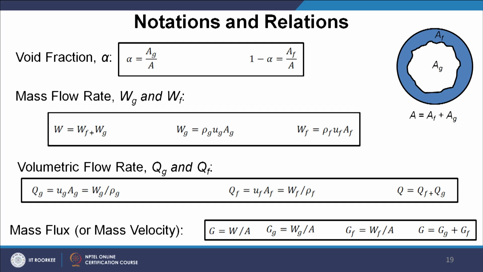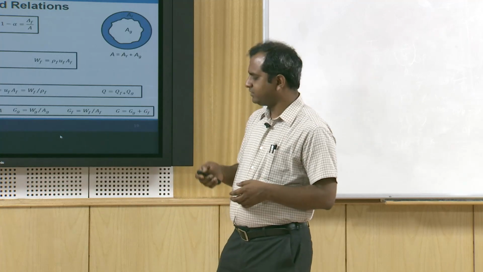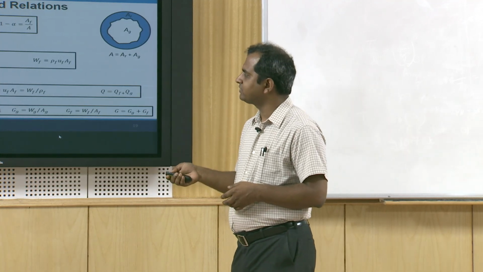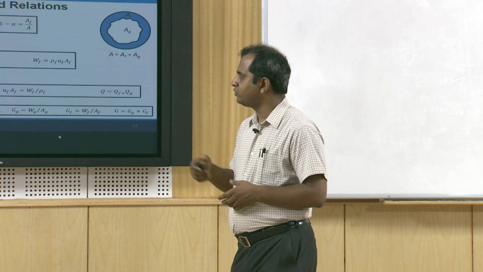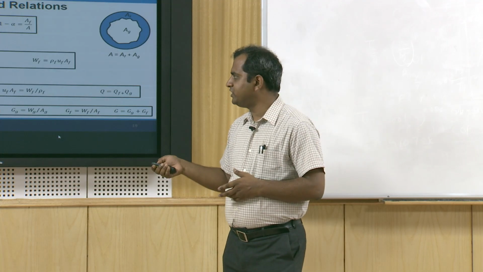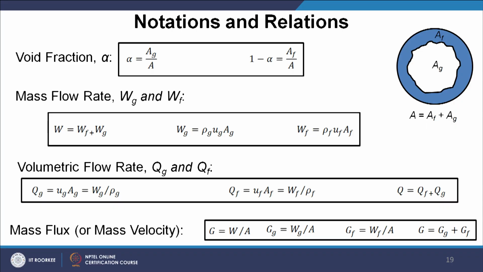So, after the flow rates, let us see how the flux comes out. First, we will go for mass flux. Sometimes we call this mass velocity also. We denote this as G. So, G is actually the total mass velocity including both the phases. We can write G equals W by A, right.